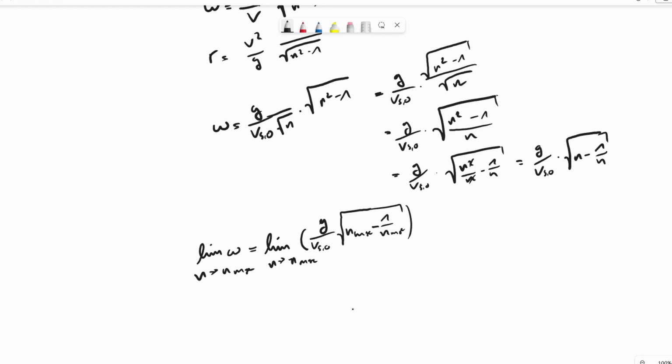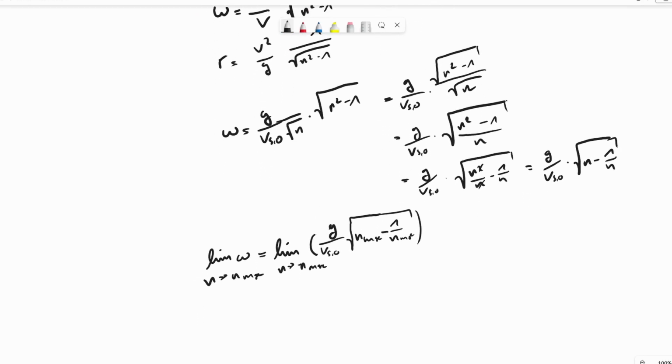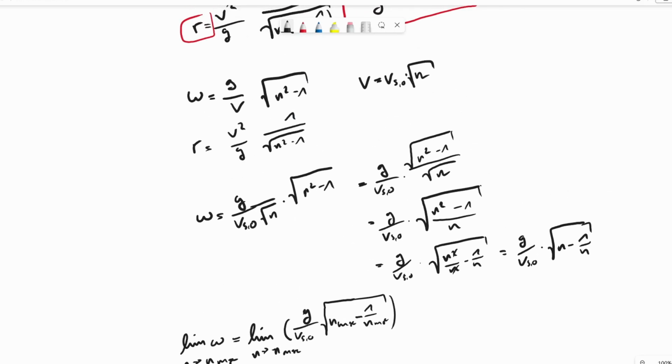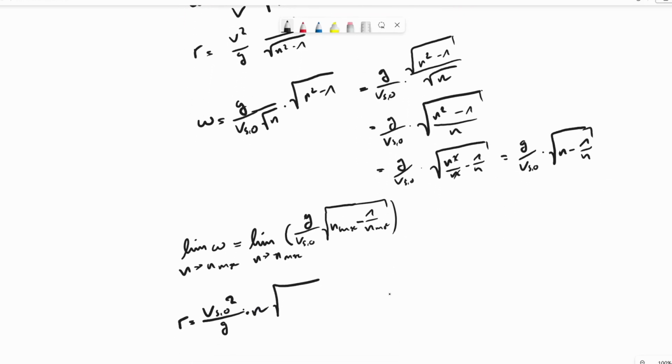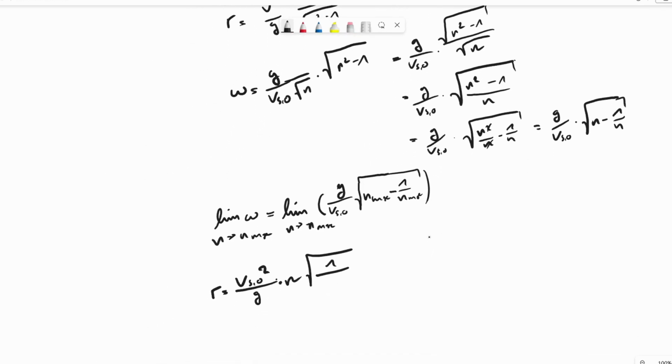Okay. So we can do the same thing for our radius. Right, so with the same simplification, we can write down radius equals v s0 squared divided by g times n, because the square root of n squared is n, times, let's write it like this, 1 over, this is equivalent, 1 over n squared minus 1.